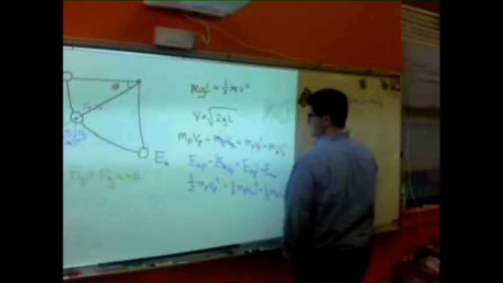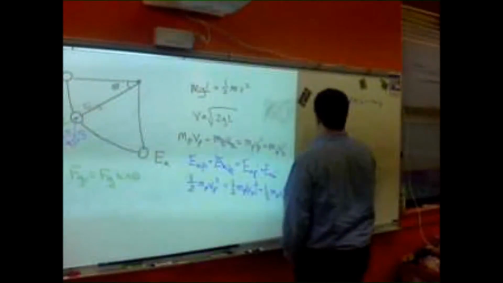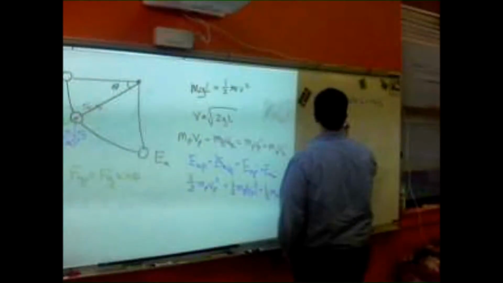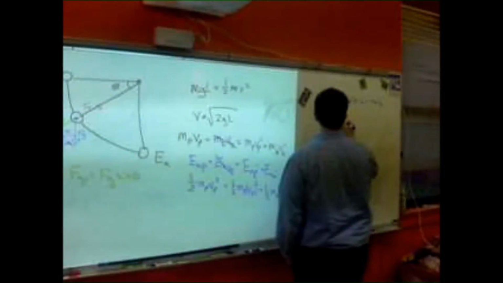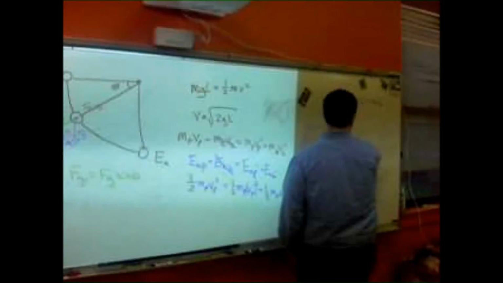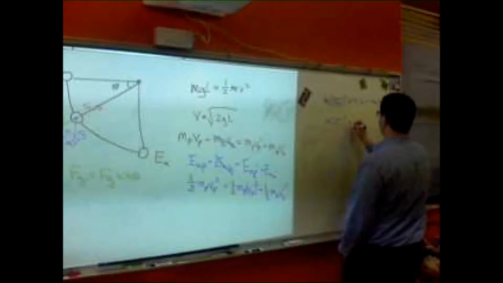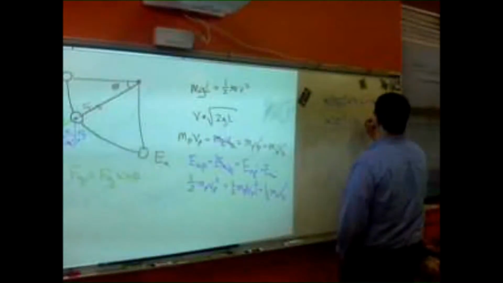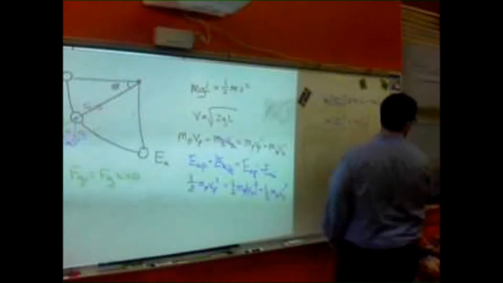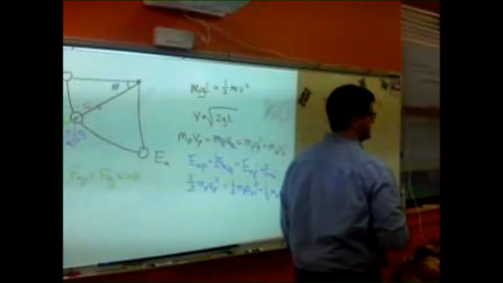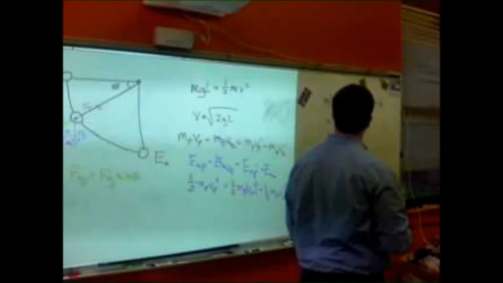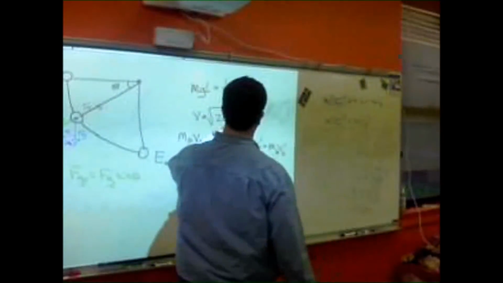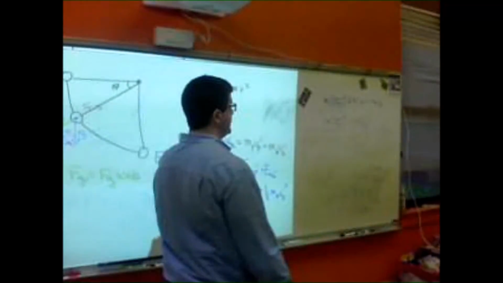So we then get m times square root 2gl squared equals m times Vp prime. Wait, the 2gl is the pendulum velocity? Right, which is what we got right here using conservation methods. That's the initial pendulum velocity.